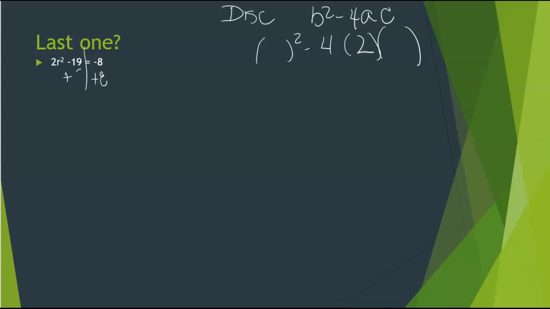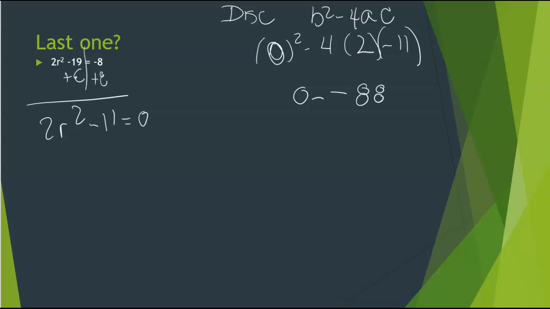Plus 8 plus 8, 2R squared, negative 19 plus 8 is negative 11 equals 0. There is no B. B is 0, and C is negative 11. Okay, 0 squared is 0 minus 4 times 2 is 8. 8 times negative 11 is negative 88, right? 0, bam, bam, plus 88 is 88.